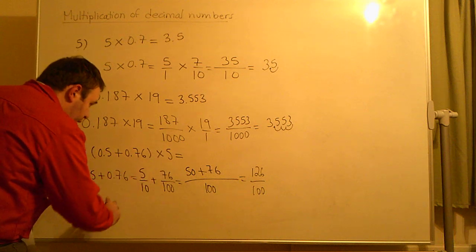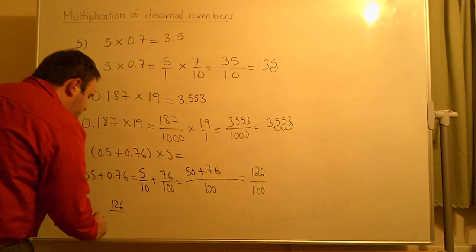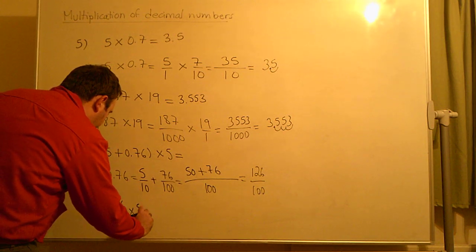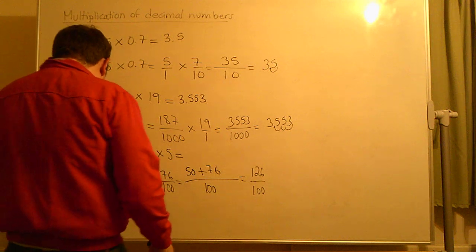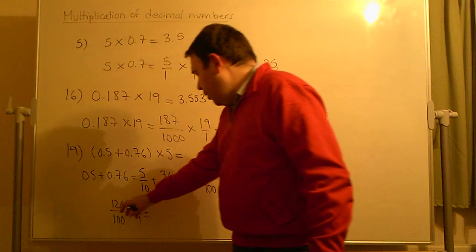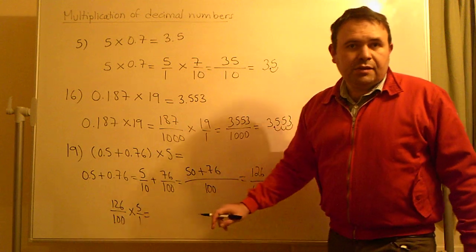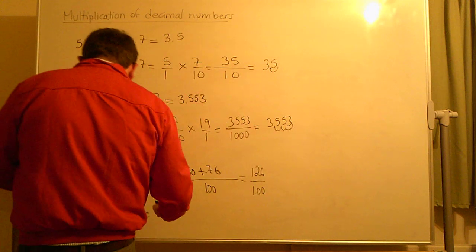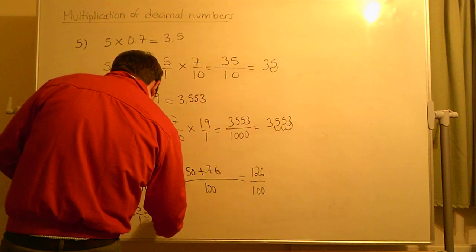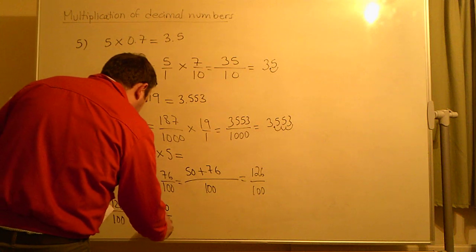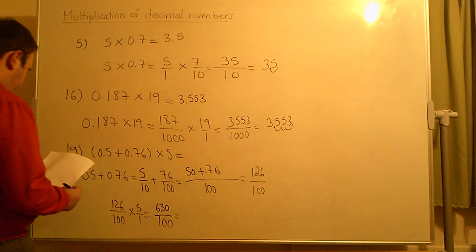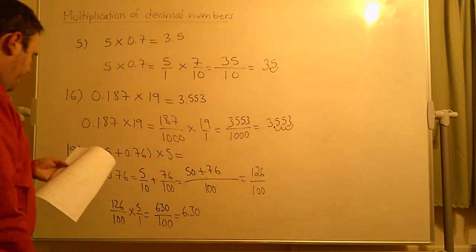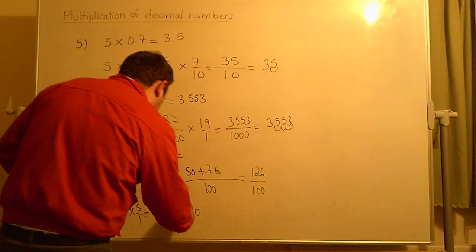So now we're going to multiply 126 hundredths times 5 divided by 1. So 126 times 5 would be 630, and then 100 times 1 is 100. So the final result would be 6.30. Yep, this will be the final result.